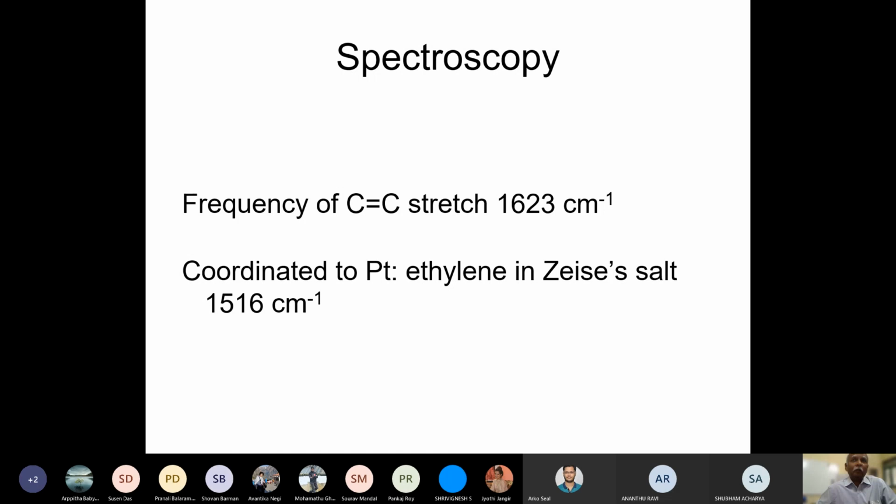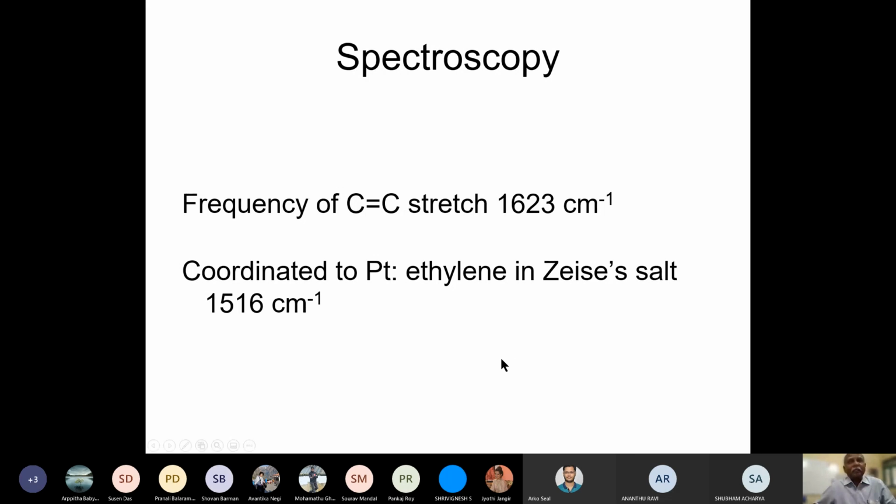But even in the olefin complex that Zeiss made, the carbon-carbon stretching frequency is about 100 cm⁻¹ less than what it is in the free form. So ethylene stretching frequency is 1623 cm⁻¹, and once it is coordinated to the platinum, the stretching frequency decreases to 1516 cm⁻¹.